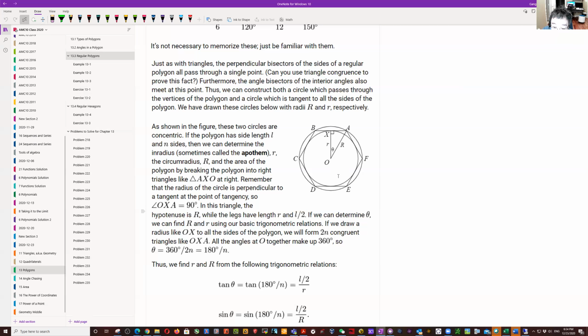And you can use the arc to find the angle instead of just using the triangle. It gives you a huge advantage.